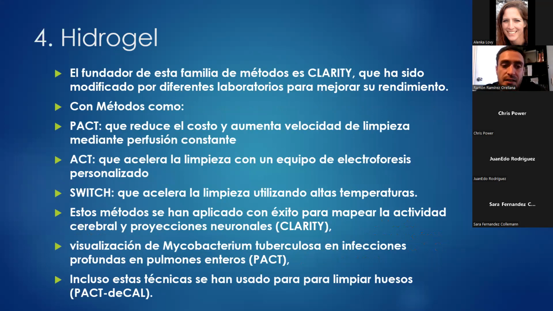Estos métodos han tenido grandes resultados, tanto para mapear la actividad cerebral y proyecciones neuronales, como para la visualización de algunas bacterias en infecciones profundas en pulmones. Incluso esta técnica se ha utilizado para limpiar huesos.